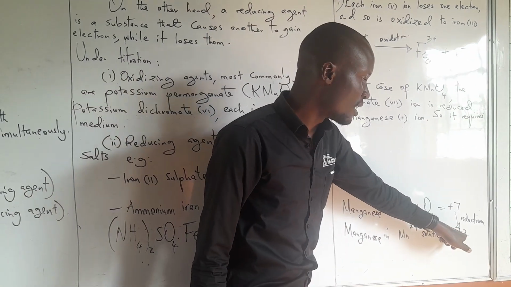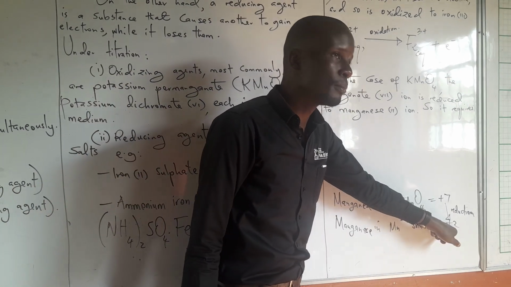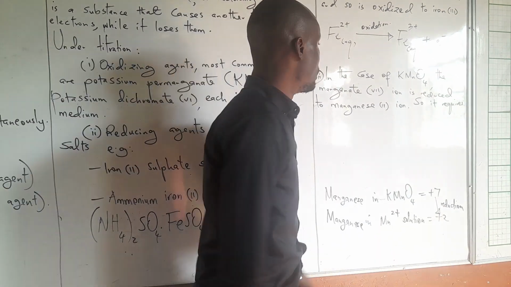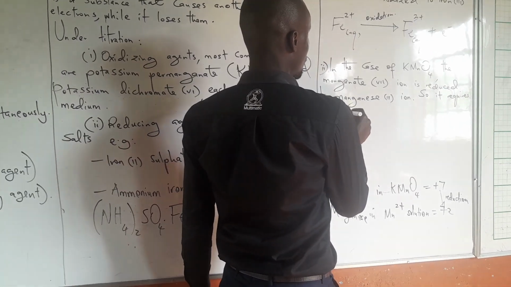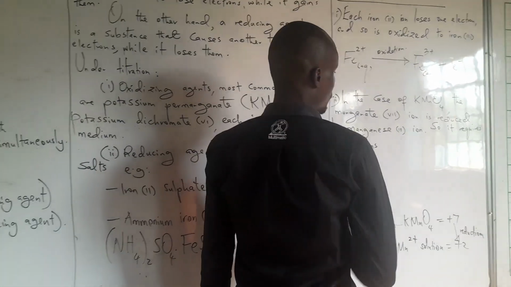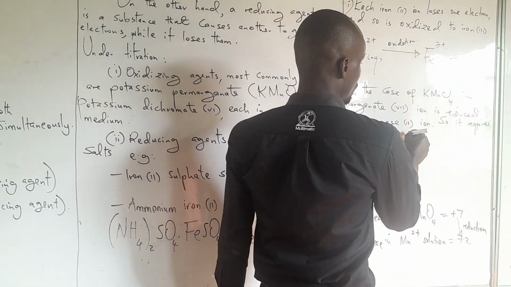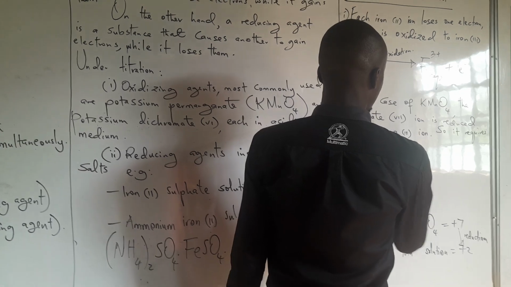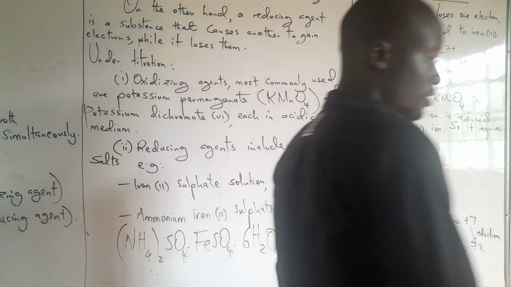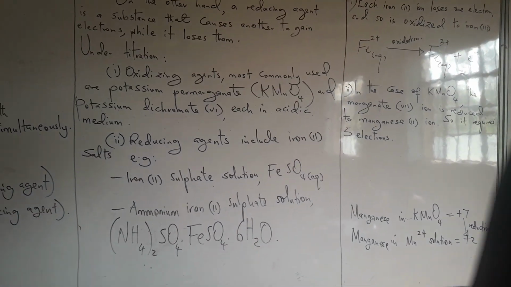So how many electrons are needed to move from here to here? 5. So manganese requires 5 electrons. Let me demonstrate with an equation.